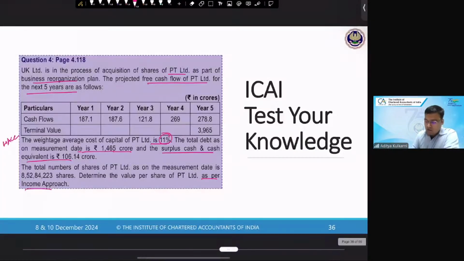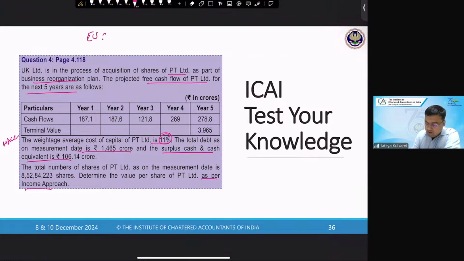Now, this is your total enterprise value. And what did I say? Enterprise value is equal to value of debt plus value of equity. Am I having debt? Yes, you do have debt, 1,465 crores. But should I take debt or should I take net debt?